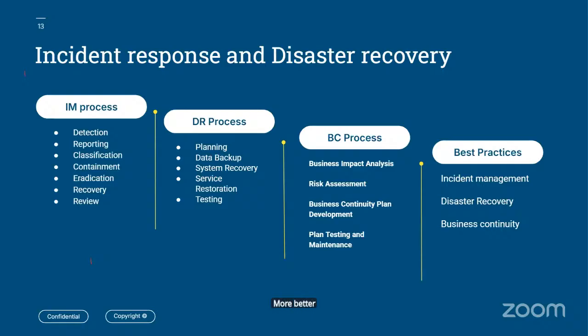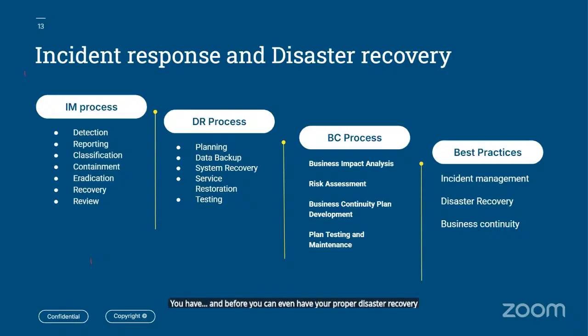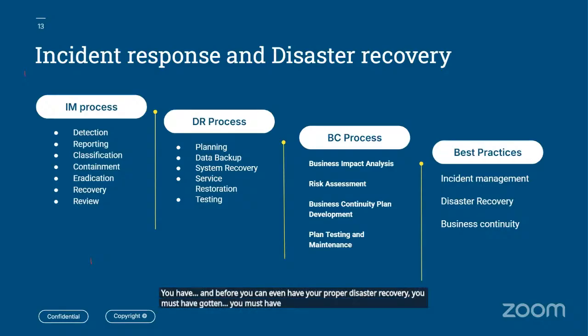Then similarly, we have the disaster recovery process. Also, you have to do planning and data backup. Before you can even have a proper disaster recovery, you must have made sure that there's data backup. That's what I mean. You understand?